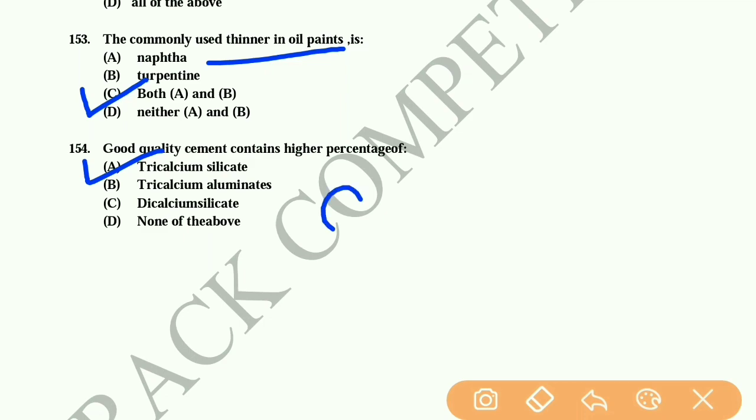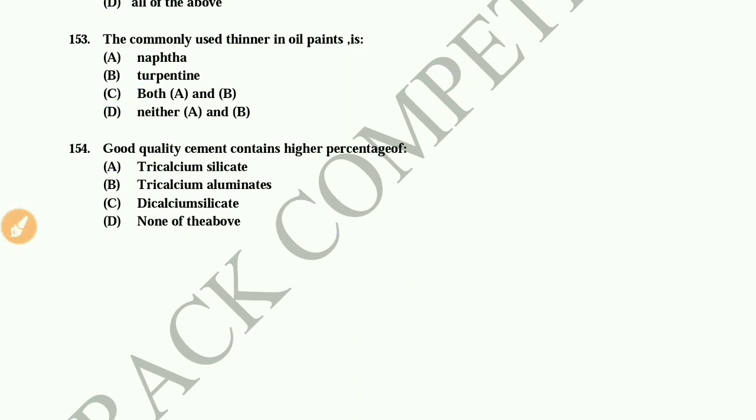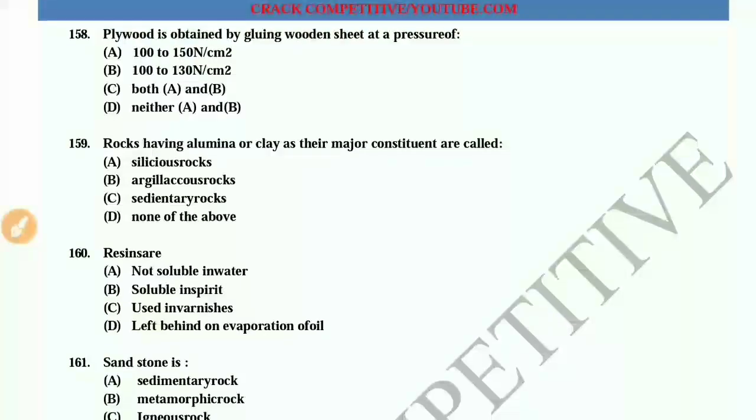tricalcium silicate C3S, सबसे ज़्यादा रहना चाहिए गुड क्वालिटी सीमेंट में. Next question. Plywood is obtained by gluing wooden sheet at a pressure of, option A, 100 to 150 Newton per millimeter square.